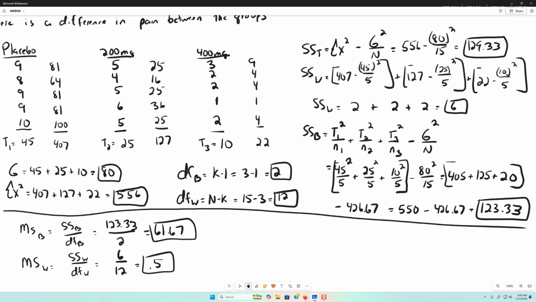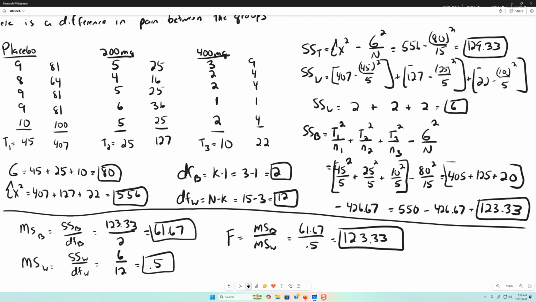That's a really small within groups mean squares. Really, really small. So now I calculate the F ratio as the mean squares between over the mean squares within. So 61.67 over 0.5 gives me a huge value of 123.33. That's massive.